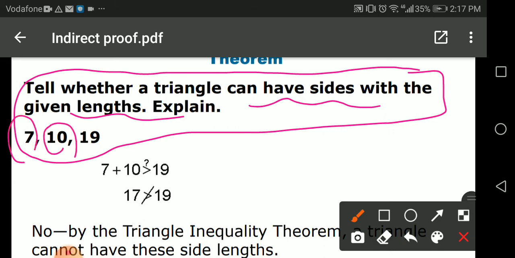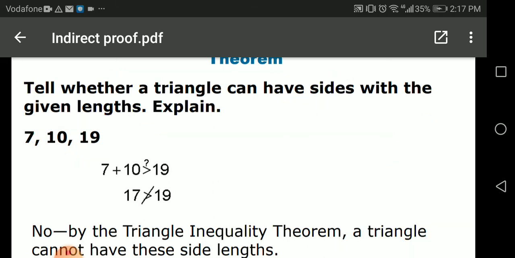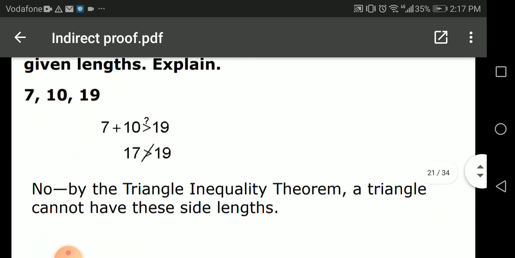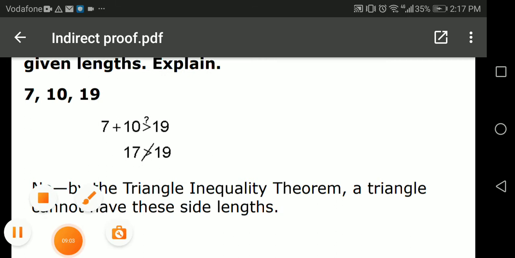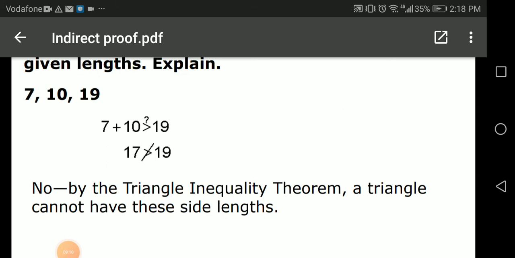Take the two sides, 7 and 10, and add them. 7 plus 10 gives me 17, which is not greater than the third one, 19. So this one cannot give me a triangle. So no, by the triangle inequality theorem. The triangle cannot have these three sides.